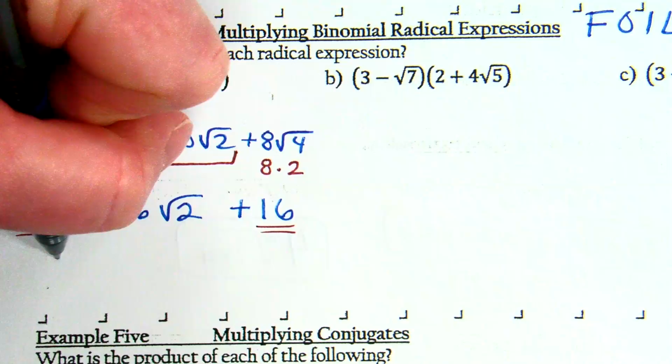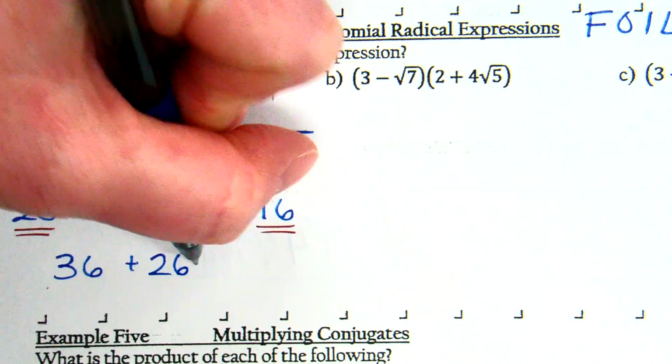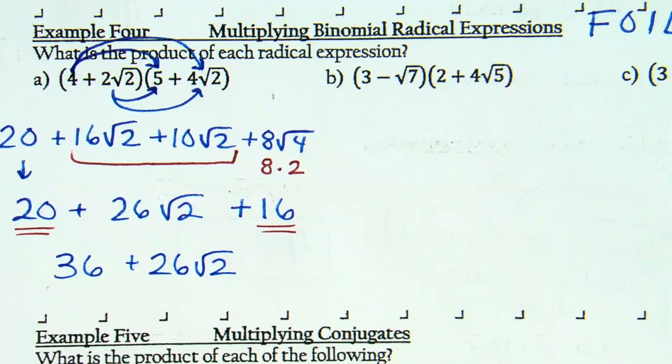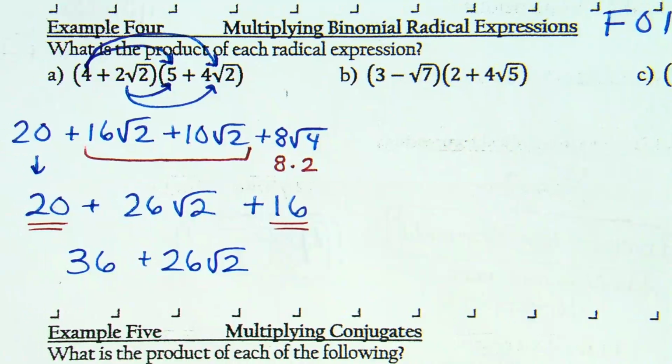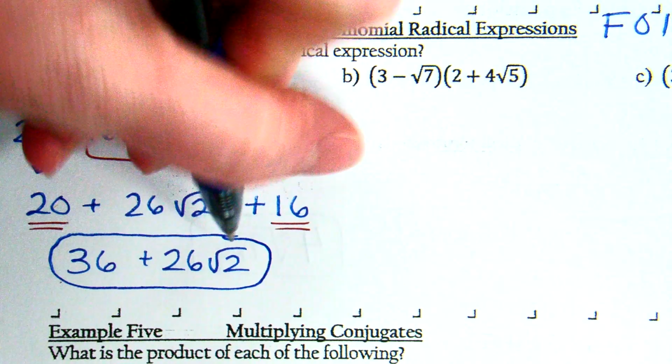So 20 plus 16 is 36. Plus we still have 26 square root of 2. What is 36 plus 26 square root of 2? Can't do that. Good answer. They're not like terms. One has a square root of 2, the other doesn't. So this is as far as we go.